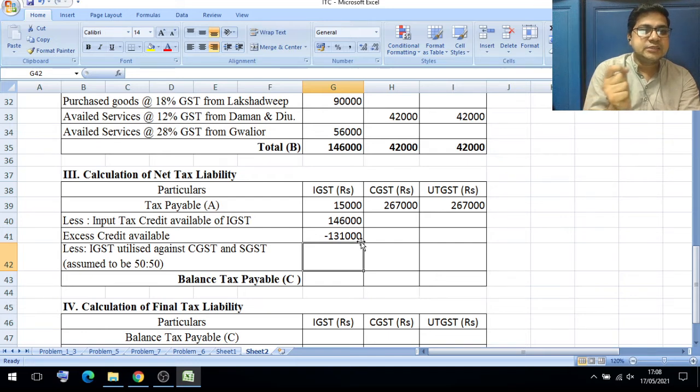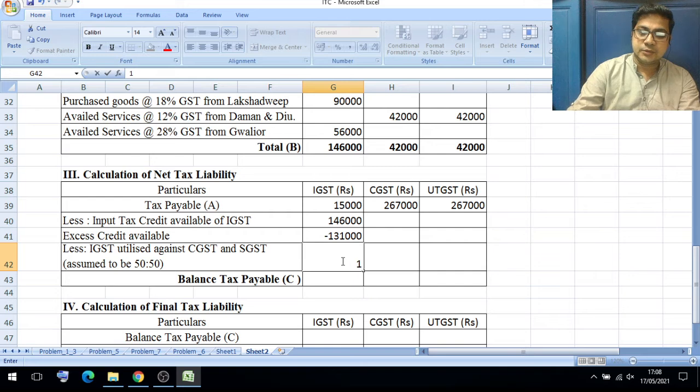It is IGST's excess credit available. Now this particular excess credit available, we have to use for deduction purposes against CGST and UTGST, to reduce their tax liability. Reduce the tax liability of the CGST and UTGST. IGST's excess credit available we have to use.